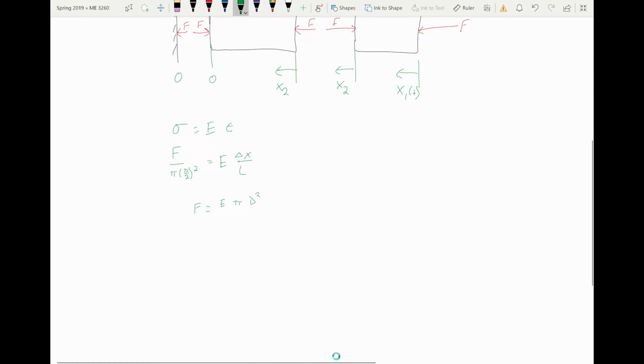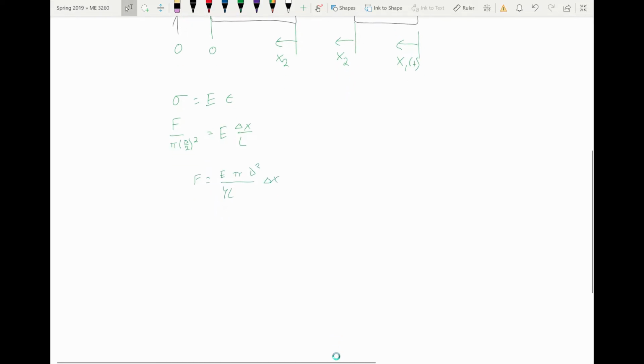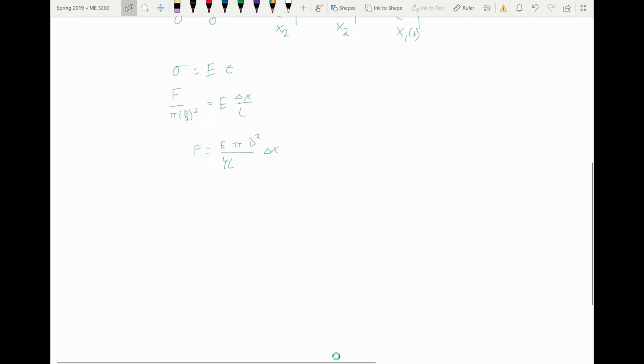Now, we're going to rearrange some of these terms to get force by itself. So when we do that, we get force is equal to Young's modulus times pi times d squared over 4L times delta x. And if you look, this equation looks very similar to the equation we use for springs.